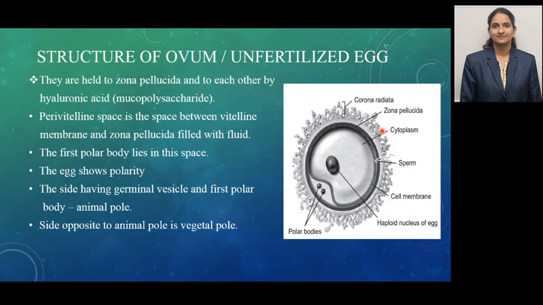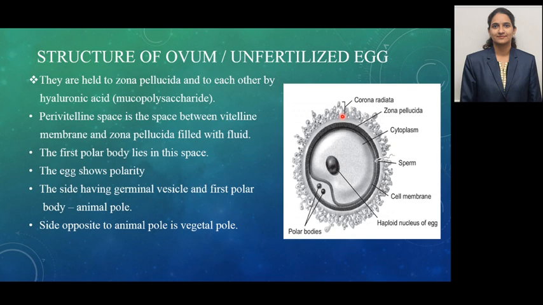The corona radiata cells are held together to the zona pellucida as well as to each other. These cells are adhered to each other and to the zona pellucida by hyaluronic acid, which is a mucopolysaccharide. Due to that, there is adherence to each other.